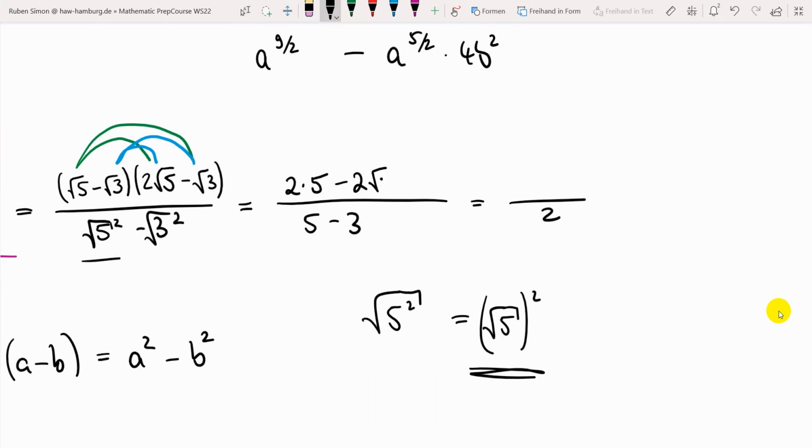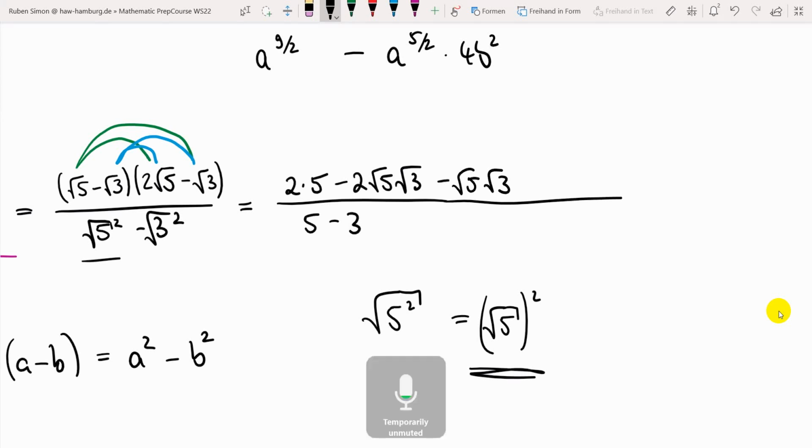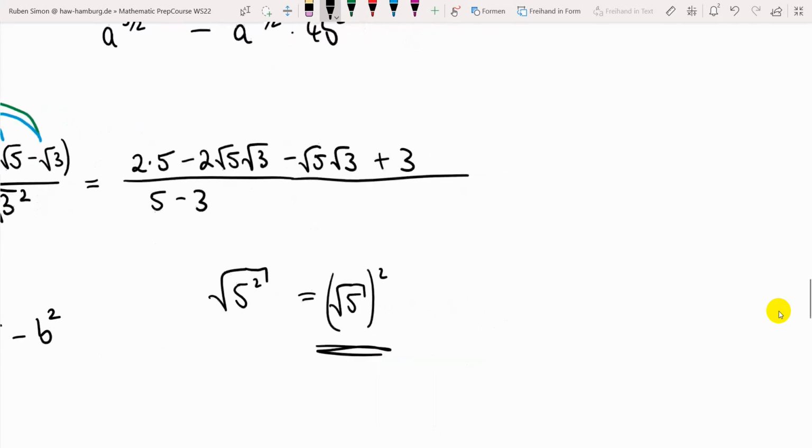Yes. Yes, okay, that's the next one, right? Root 5, root 3. Yes, correct.